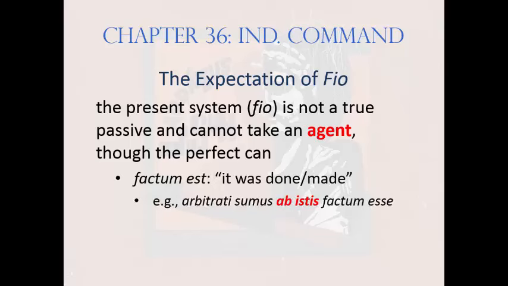So, for instance, in arbitrati sumus ab istis factum esse, meaning "we thought it had been done by them," ab istis, by them, is a passive agent with the perfect infinitive of fio. If, however, you decide to make your life easy and call factum esse the perfect passive infinitive of facio, I will not slap your hand. Consider that future more vivid.